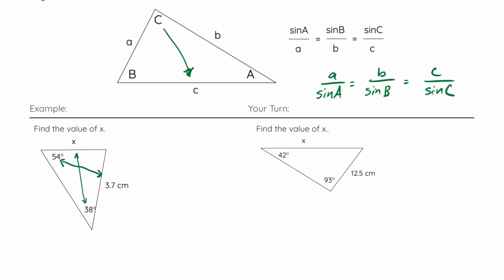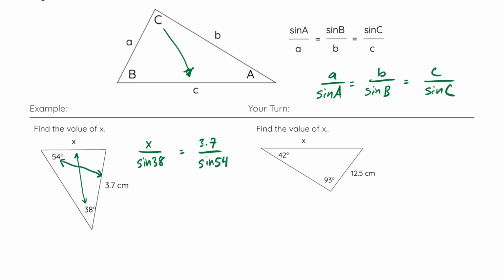You can have it in the denominator. There's just a couple extra steps algebraically, but I leave it in the numerator. And so the equation I would end up writing would be x over sine of 38 equal to 3.7 over sine 54.